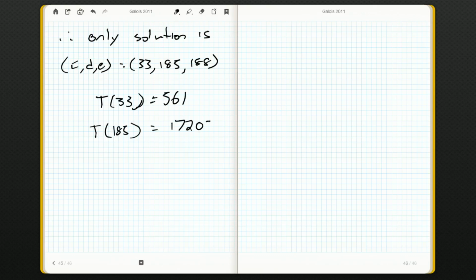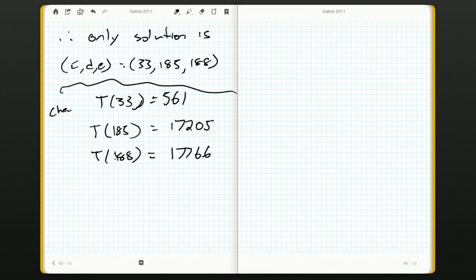Well, that's 17205. And the 188th triangular number, this should be the sum of both of them: 17766. And it is. Okay, so this was our little check.